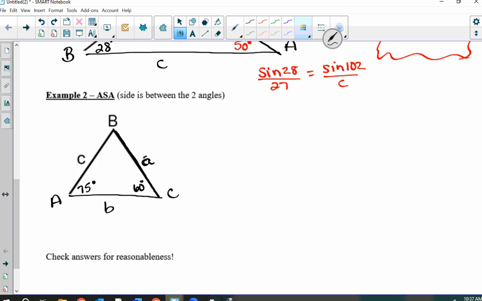Yep, always. So this one is a little bit harder. No, it's pretty much the same as the last one, right?